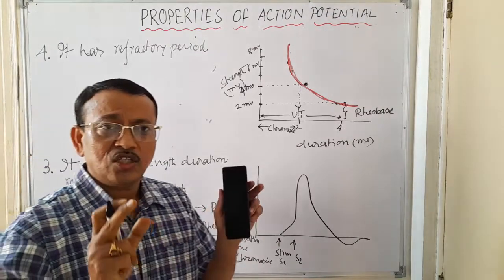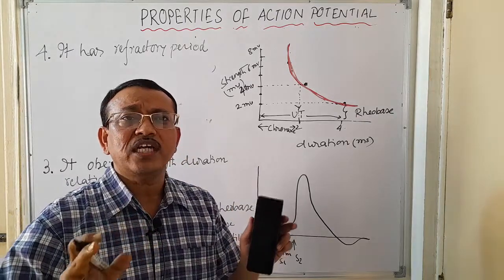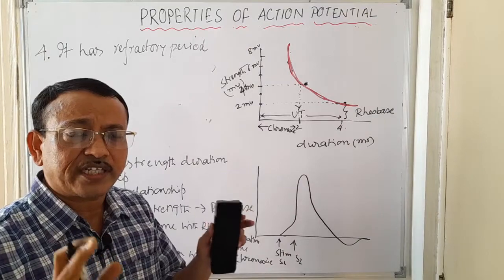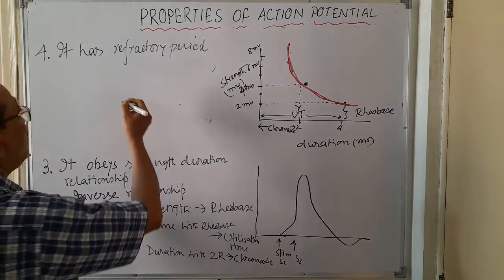And that short period in which the cell membrane becomes unresponsive to the second stimulus is known as the refractory period.